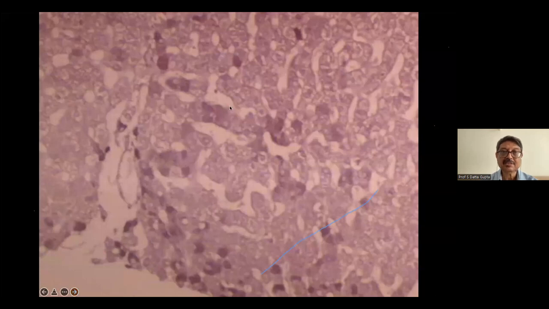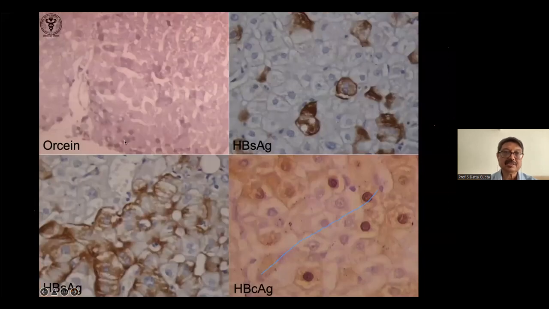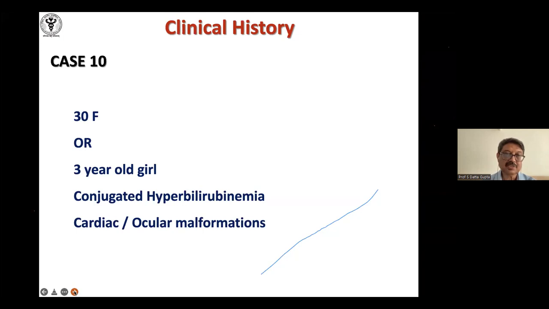It also stains hepatitis B surface antigen. So there are several things it stains. But better still, you can do an immunohistochemistry for surface antigen, core antigen. Core antigen stains the nucleus. Surface antigens generally stain the cytoplasm. There are different patterns of staining, right?